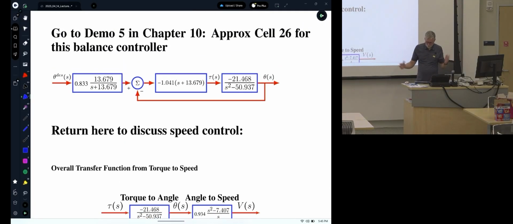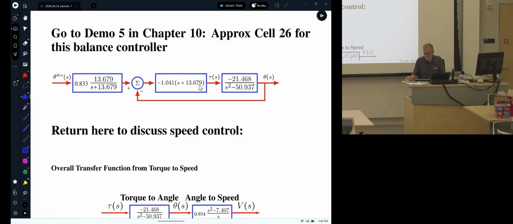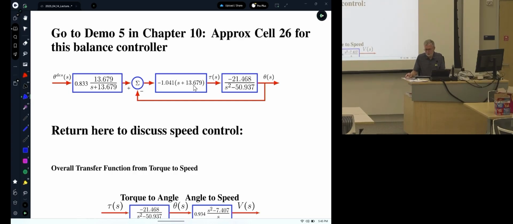Okay, so in the code, you can find all the calculations for getting the terms in the PD controller. So this is KD pulled out. This is KP over KD. There's the transfer function. This is written as S plus Z, Z over S plus Z, and then calculate whatever gain is needed here such that the gain from theta desired to theta is 1.